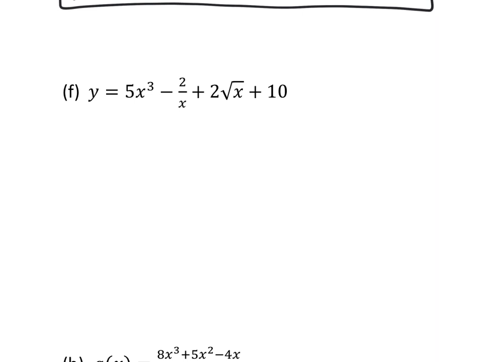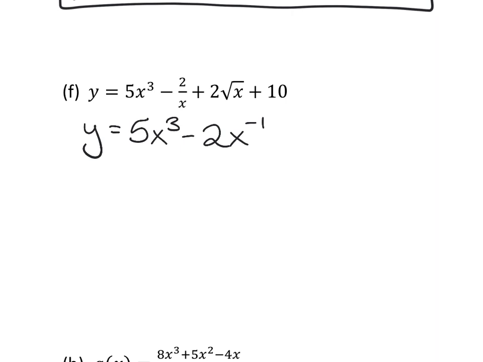So before we really do anything to take the derivative, I'm going to rewrite y, not dy dx, so that I have all of the powers showing. So I'm going to write everything in exponent form. The first term does not change. The second term becomes negative 2x to the negative 1. The x was in the denominator, and if I want it out, I just have to make its power negative.